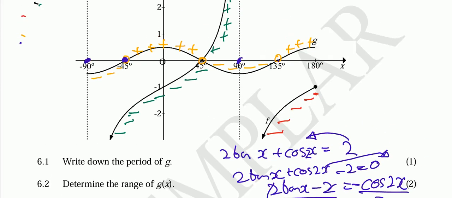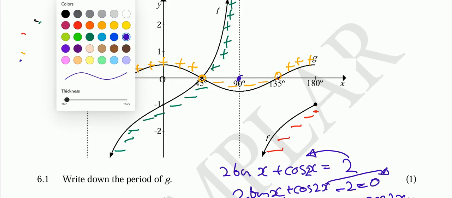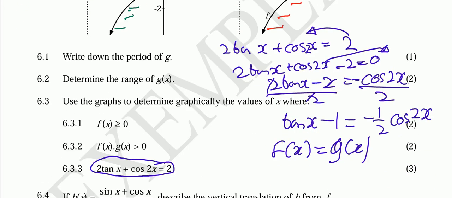So where do our graphs intersect? They intersect only at one point. We can see that they only intersect at x is equal to 45, meaning your solution is x is equal to 45. If you try using general solution, you can also find it, but this is the simplest way, by the way.